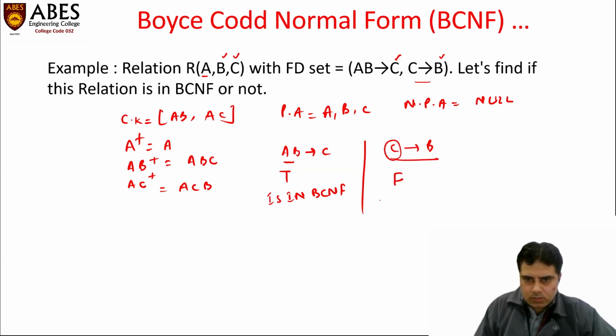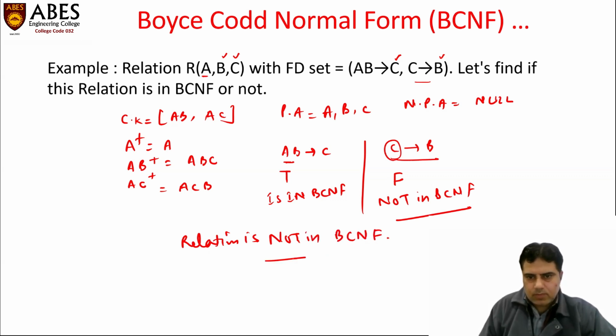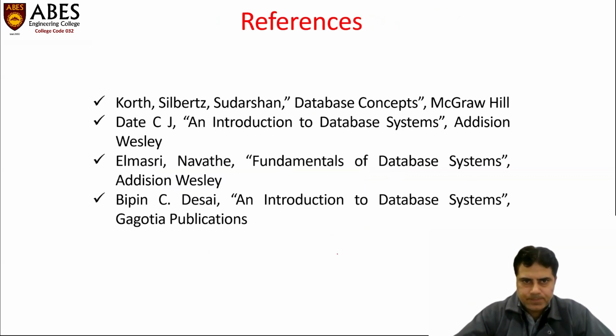No, false. So this is not in BCNF. So we can say that the given relation is not in Boyce-Codd normal form. I hope you will understand this concept of Boyce-Codd normal form.